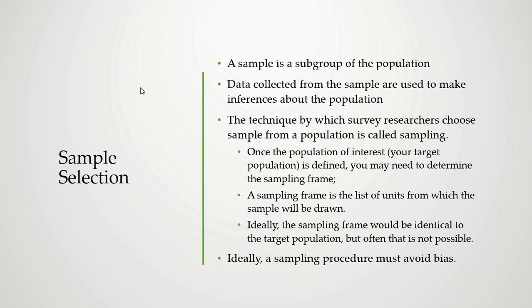We collect data from the sample and use the sample data to make inferences about the characteristic of the population. This is called generalization. In order to make the generalization possible, we want the sampling procedures to be unbiased so that the sample is representative of the target population with respect to the characteristics that we are interested in studying.